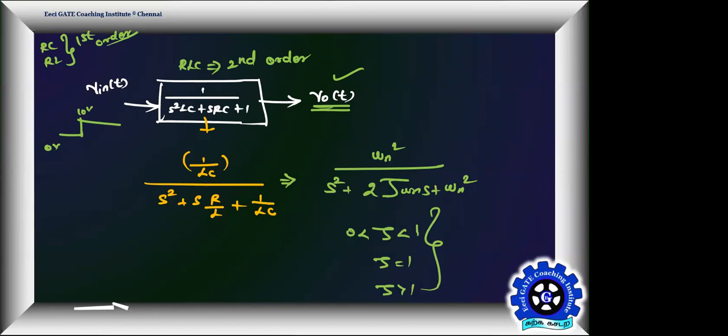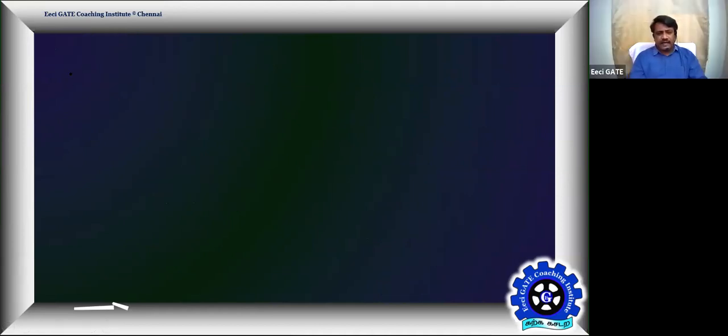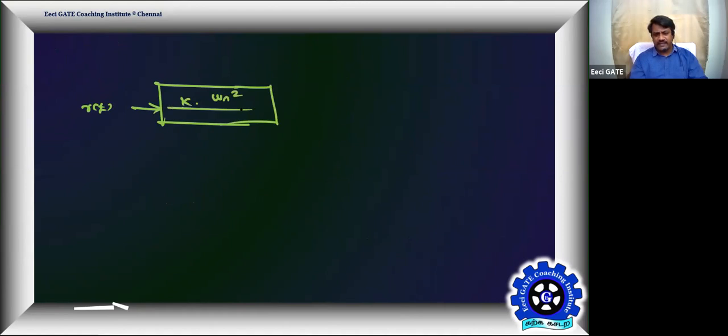Getting everyone? Okay, now we remember in control system, when a system is excited by input R of t, control system terminology, and the system is K omega n square by s square plus 2 zeta omega n s plus omega n square, where K is the static sensitivity of the system.